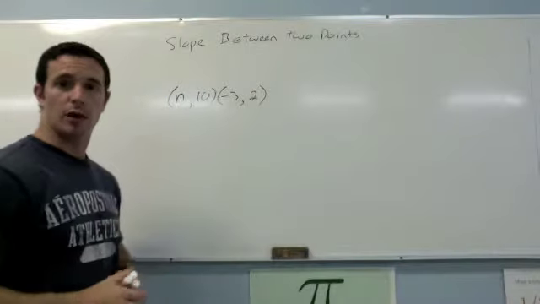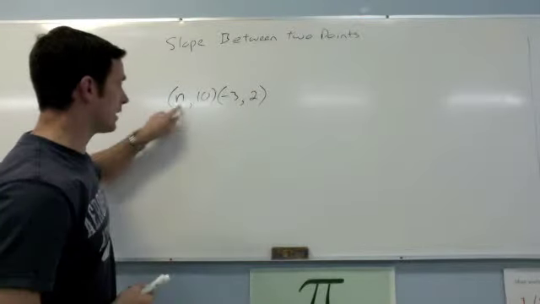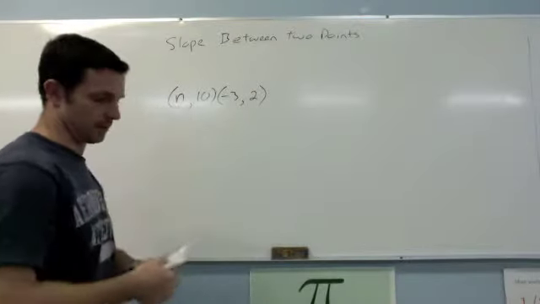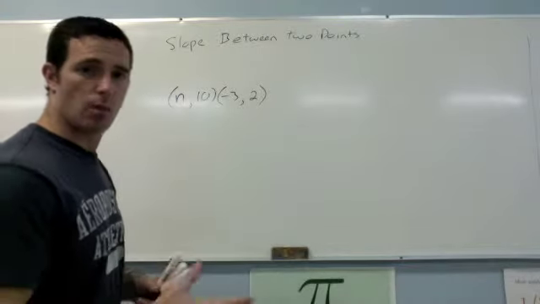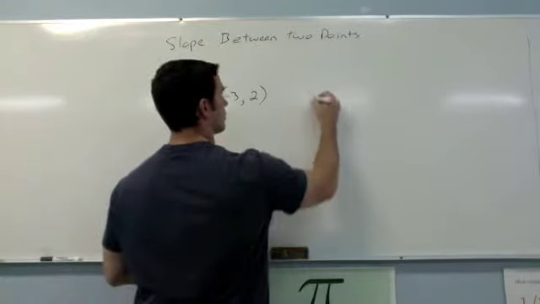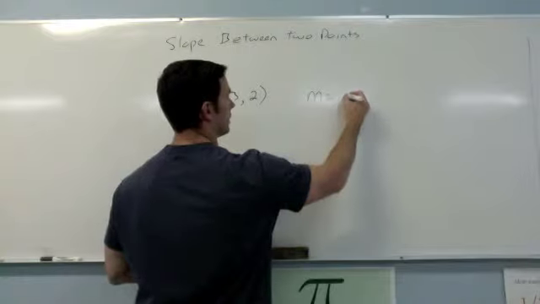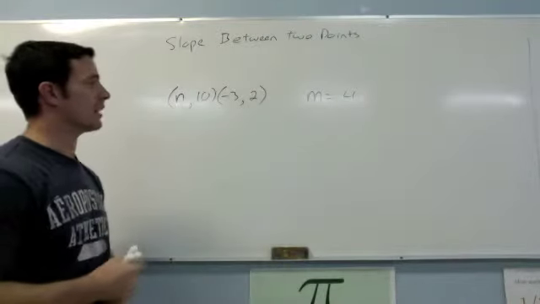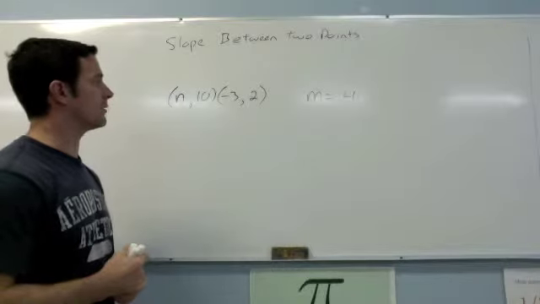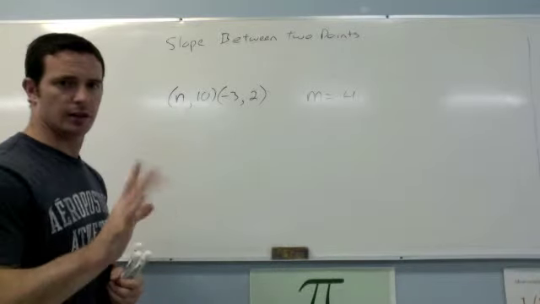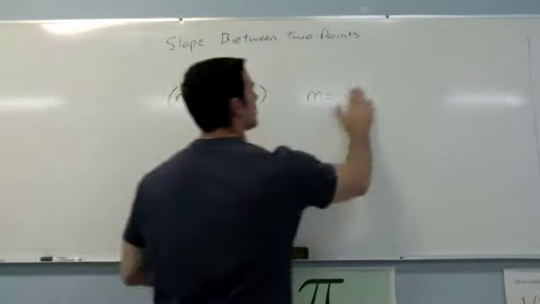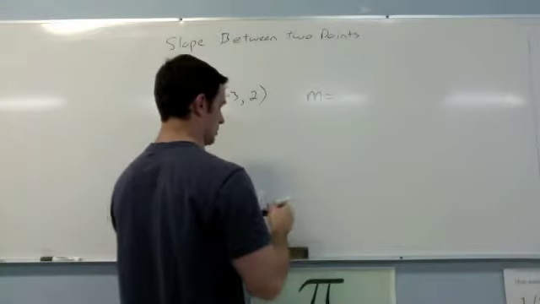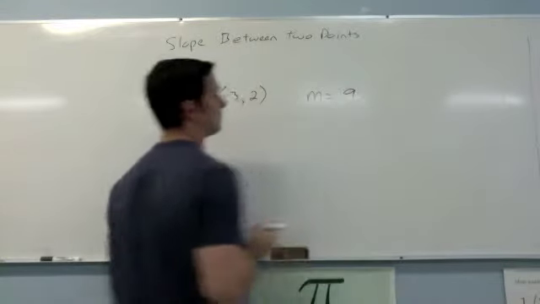And what I want you to do, find the value of n that will give me a slope of 4. So I want a value of n right now that will give me a slope of 4. Actually, let's change that. 4 will be too easy for this one. Let's change it to 9. All right?